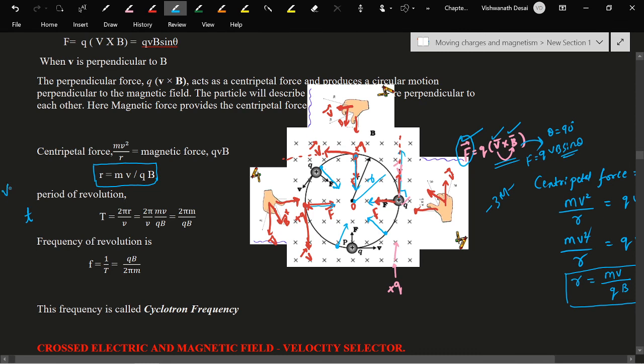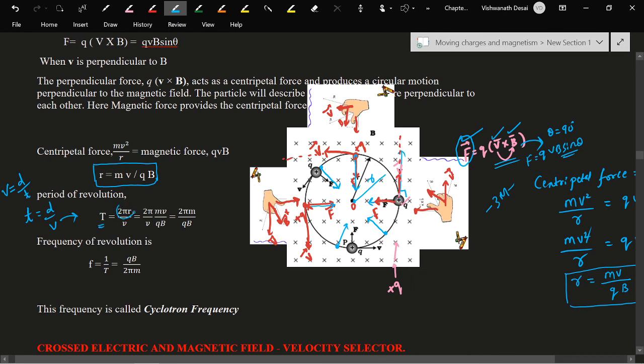You know, speed is equal to distance divided by time taken. Then time taken is equal to distance divided by velocity, right? I'm using that relation here. So time period T is equal to the distance traveled by the particle.